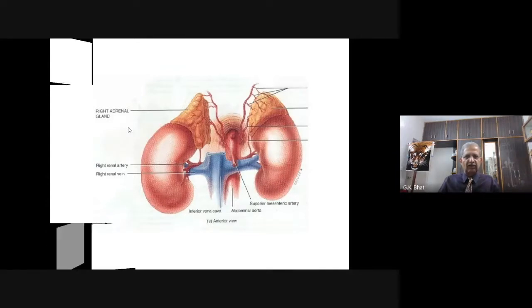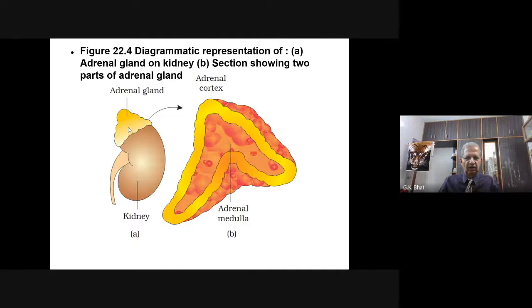If you take a section of the adrenal gland, you see a structure like this. This is the outer part of the adrenal gland, called cortex. And this in the middle is called adrenal medulla. On the inner side, in the center, it is called adrenal medulla, and the peripheral one is called adrenal cortex. At the center, adrenal medulla.